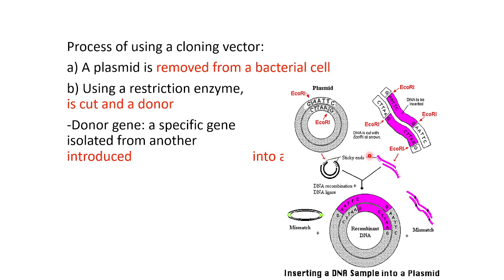Now these sticky ends come close to each other, and then they form your recombinant DNA. And obviously there can be different kinds of mismatches, like two vectors can come close to each other and join, or two DNA fragments can come close to each other and join. But these are side reactions which occur at the same time.